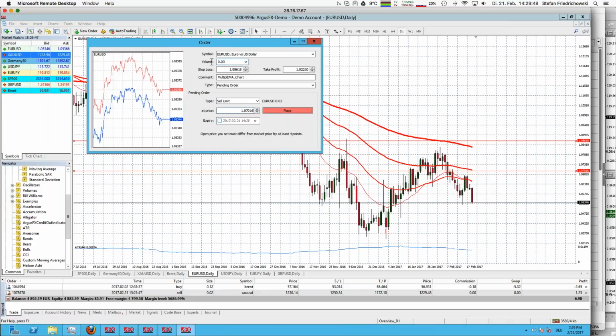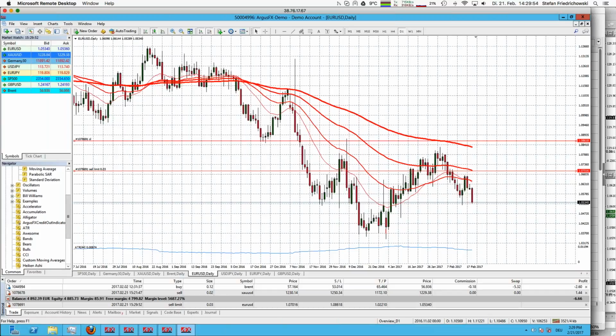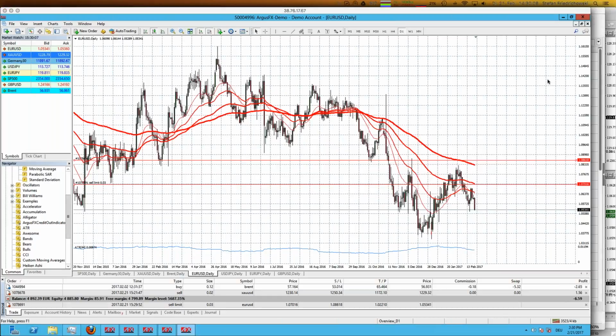Let's check the risk first. So volume is right, symbol is right. Now we can place the order. So what we have not checked before was exactly the limit or the line for our take profit.